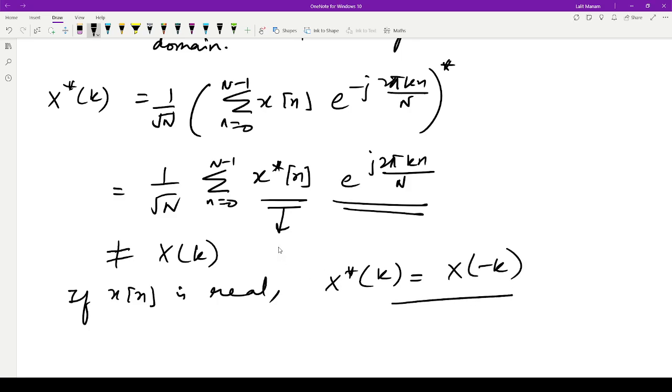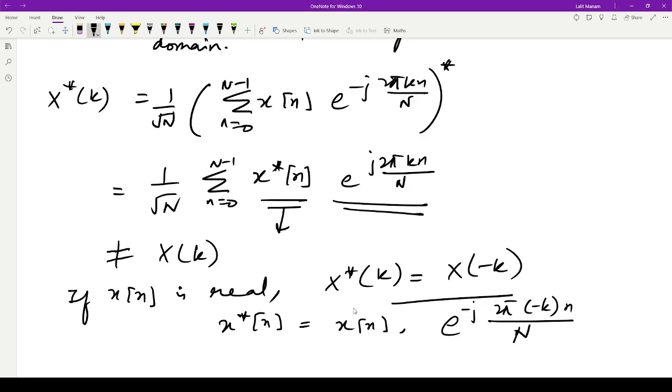Everyone agrees with this? Because then x star of n, small n, is x of n, and this is minus of minus. You can write the other term as e to the power minus j twice pi minus of k n upon n. So this leads to this thing.